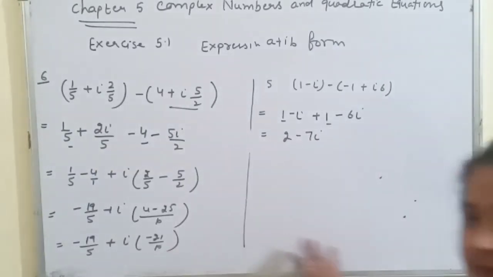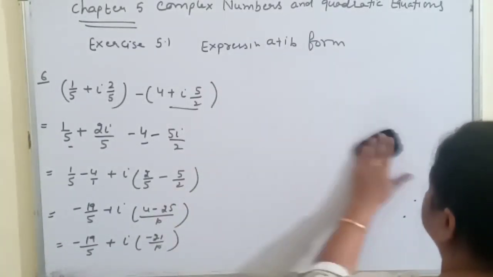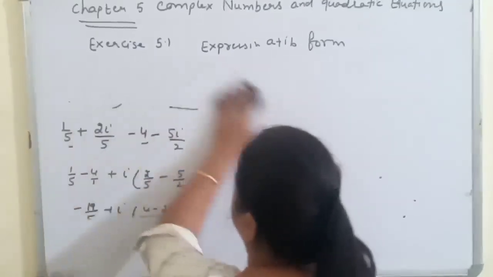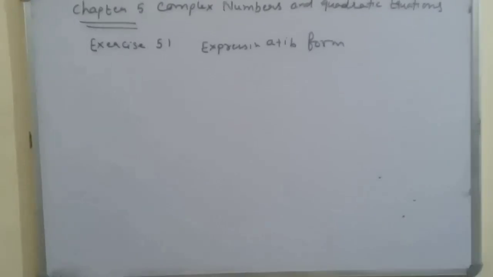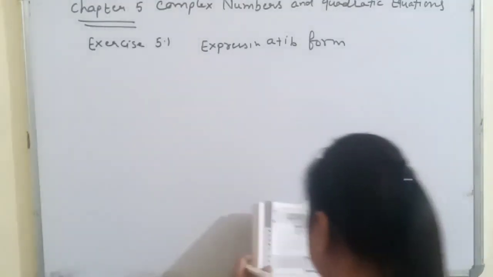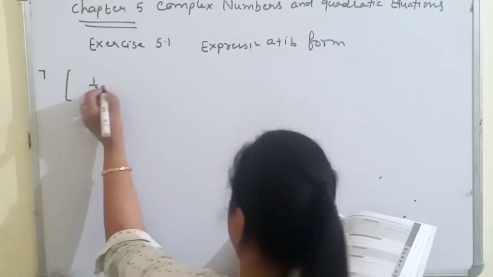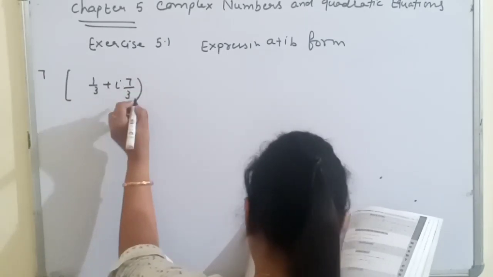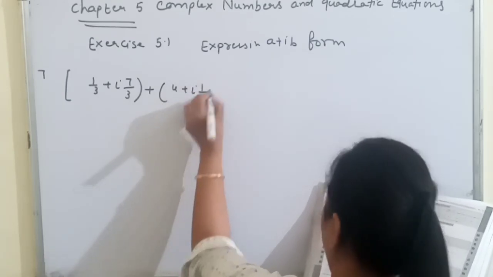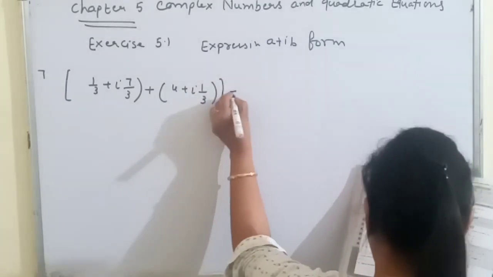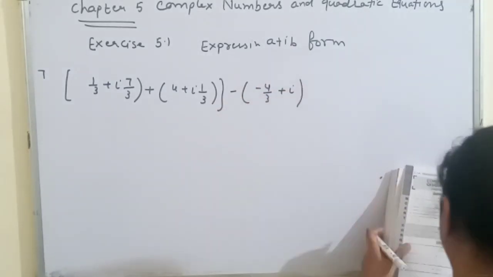We have to just solve the fractions by taking the LCM. Now, the 7th question is (1 by 3 plus iota 7 by 3) plus (4 plus iota 1 by 3) bracket close, minus (4 by 3 plus iota).